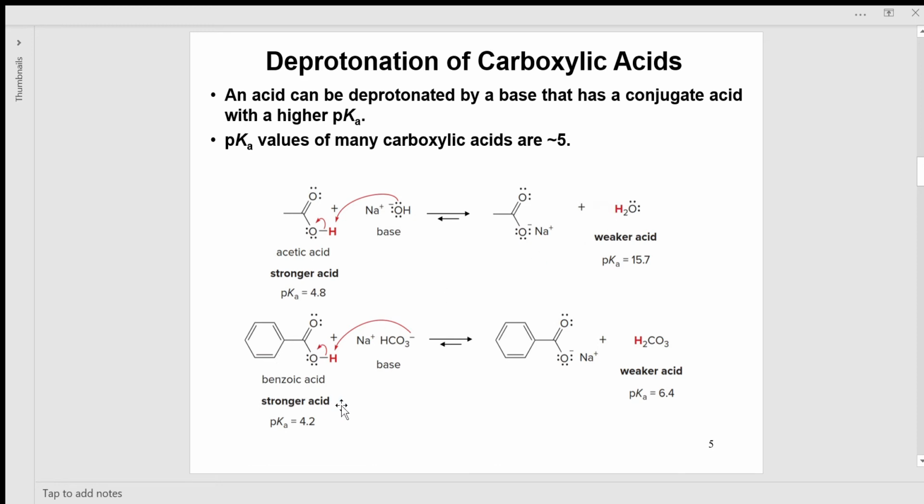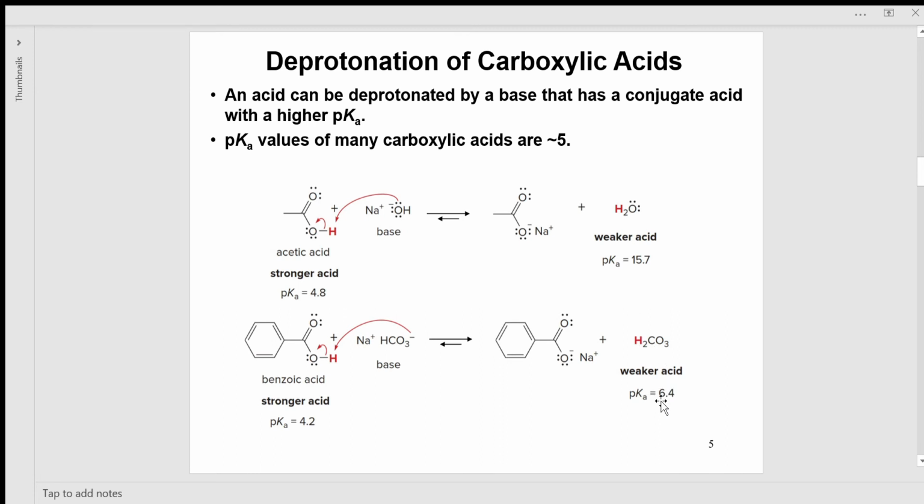The same thing here. The benzoic acid reacts with the sodium bicarbonate. This serves as a base. So one of the 3 lone pairs on one of the 3 oxygens here donates its lone pair of electrons. And the benzoic acid molecule donates a proton. So we form this weaker acid.